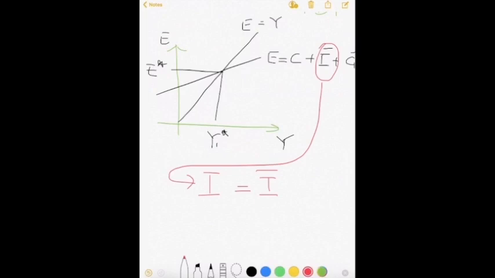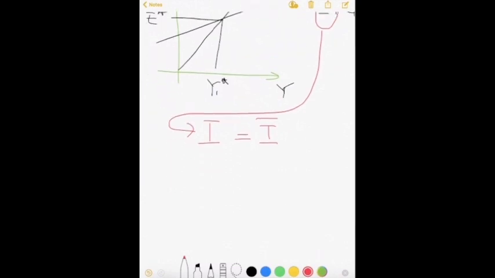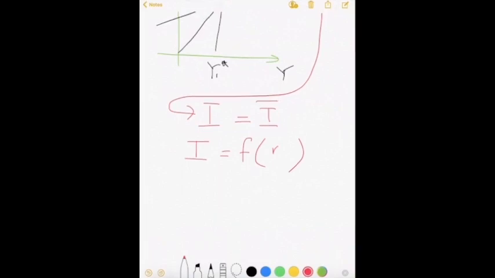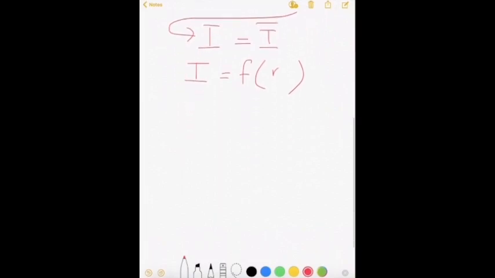The model is going to be determining the value of investment. So investment now becomes endogenous, and investment is a function of interest rates. This is the same interest rate that we've been talking about, which was the cost of doing business. Let's put this in the model and see where we go from there.